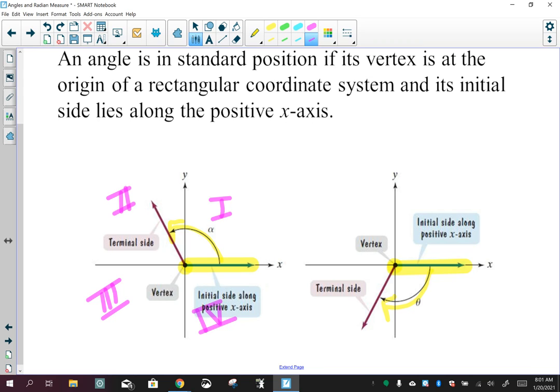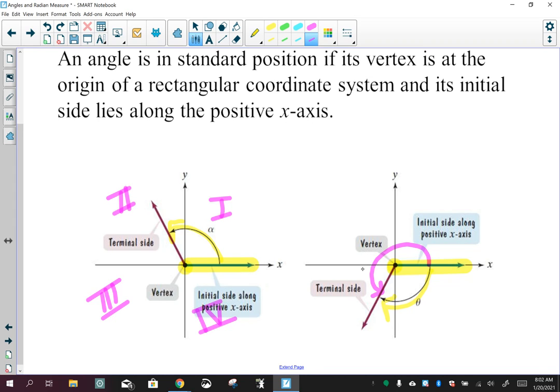Now, here's the deal. You have to pay attention to which way it's going to open, because I can also say I have that angle there as well, which forces that to be a positive angle. So you just have to pay attention to which way it's going to go. If I'm going in this direction down here, then I'm going to go negative.